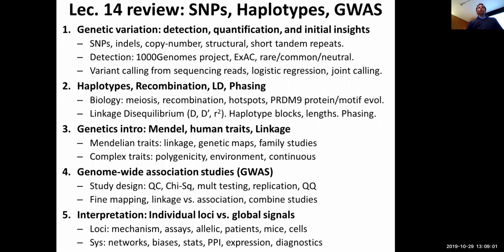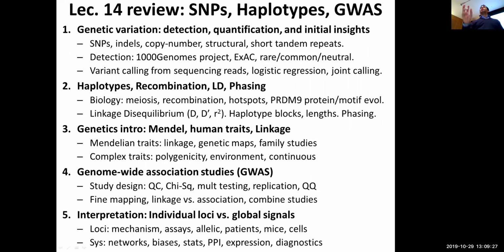Okay? So just a quick recap of what we talked about in lecture 14 on Thursday. We talked about genetic variation, how we detect it, how we quantify it, and what the initial insights are about SNPs and haplotype blocks, about how genetic variants are co-inherited and how we can use this to our advantage to map regions.